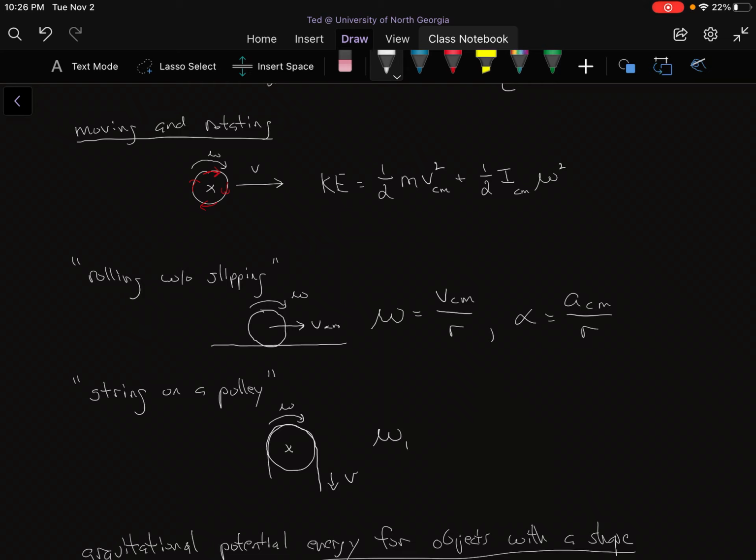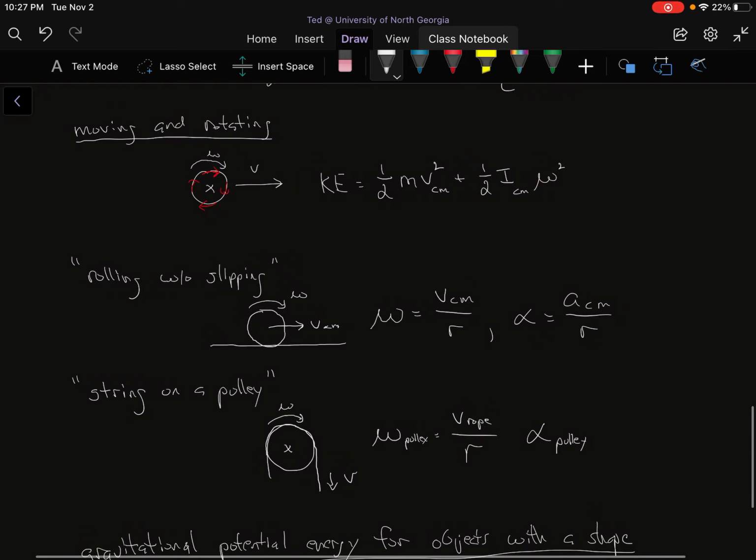The angular velocity of the pulley is equal to the velocity of the rope or the string divided by the radius of the pulley. And the angular acceleration of the pulley is equal to the acceleration of the rope divided by the radius of the pulley.